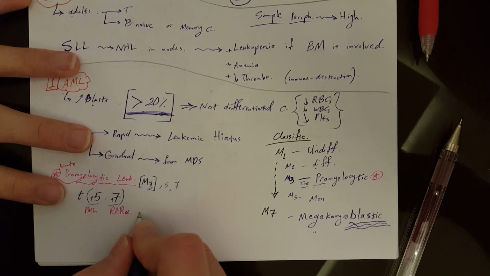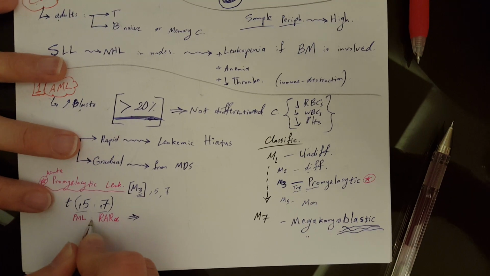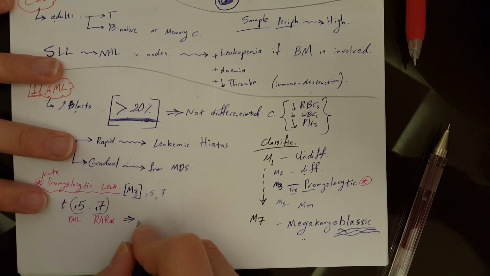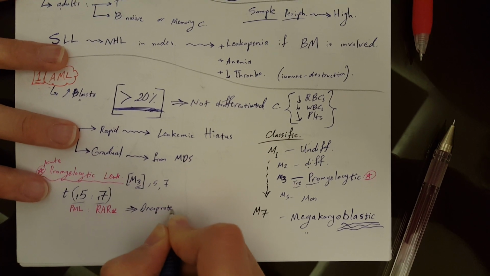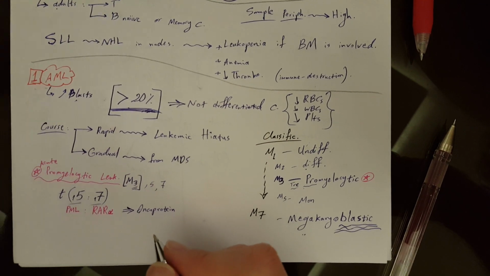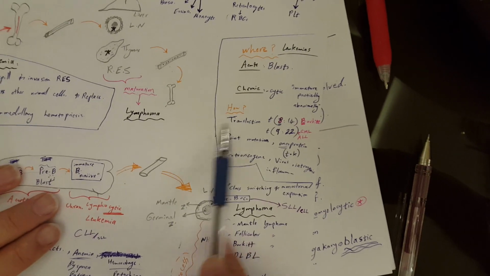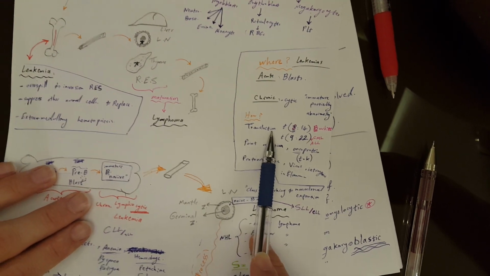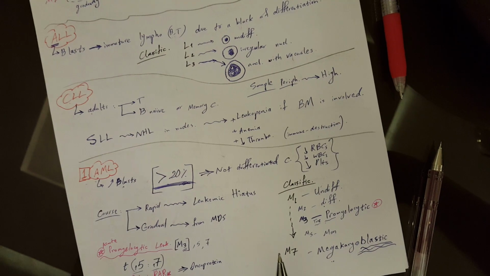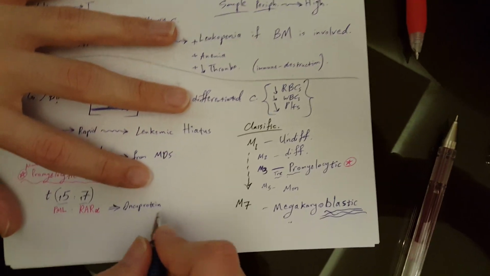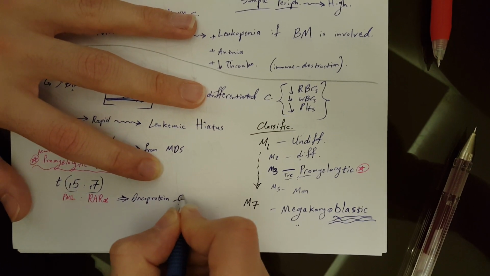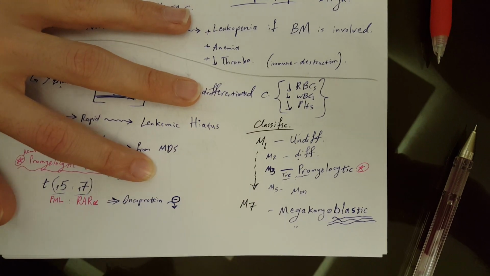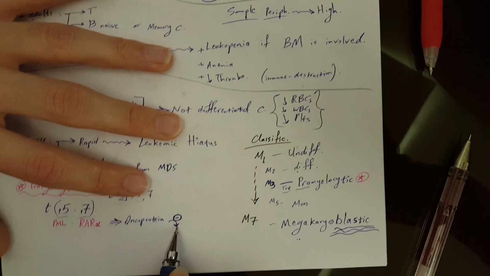Okay? When this translocation occurs, it creates a new protein that's an oncoprotein. When we said how some tumors develop, in the how part, it can be translocation, it can be an oncoprotein. So you have an oncoprotein, which, remember this thing, it means inhibit.